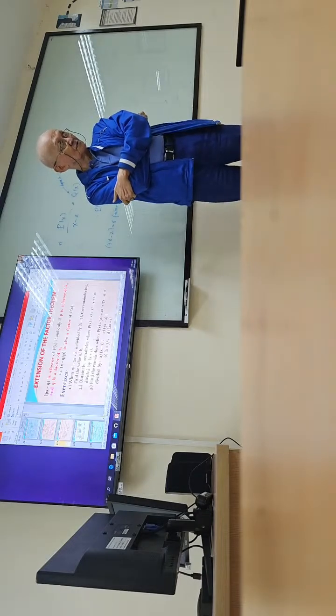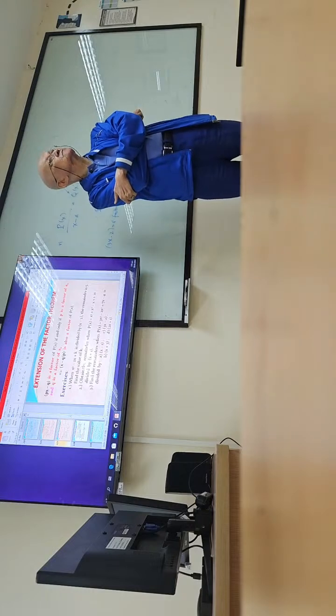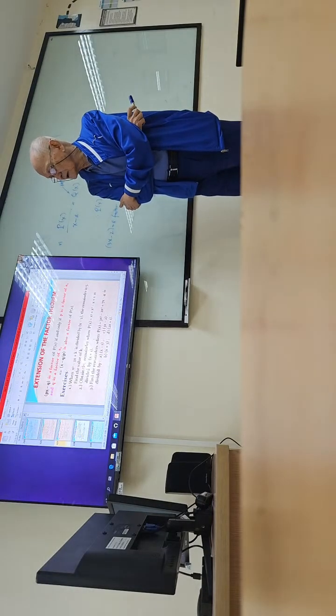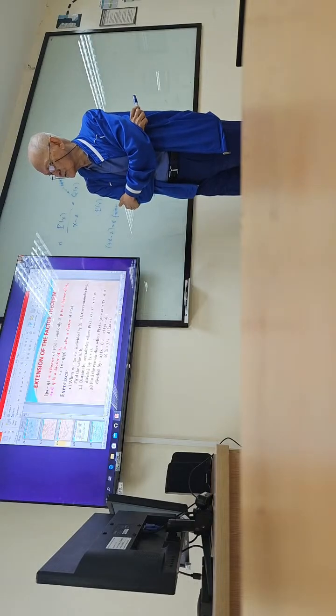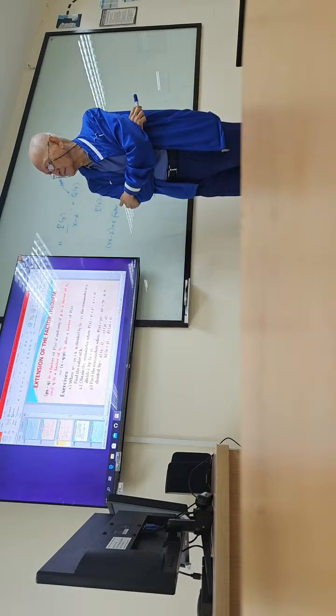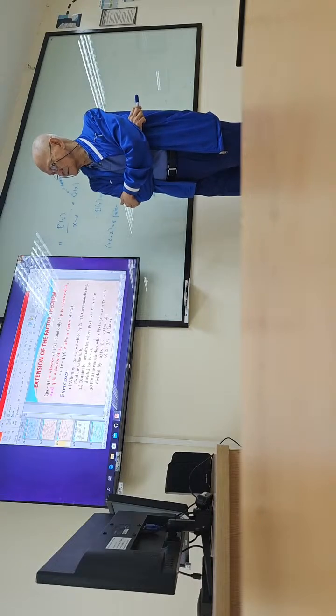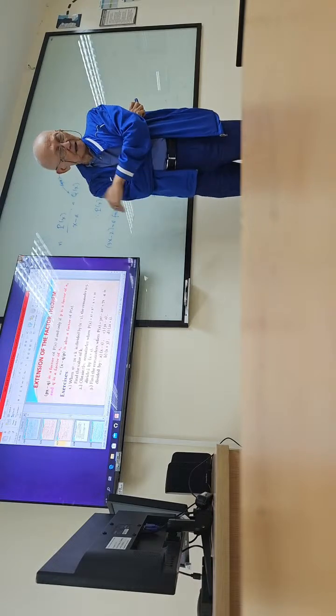Very simple question, which makes use of the remainder theorem. Again, when the cubic polynomial x cubed minus 2x plus k is divided by x minus 2, the remainder is 5. Find the value of k.